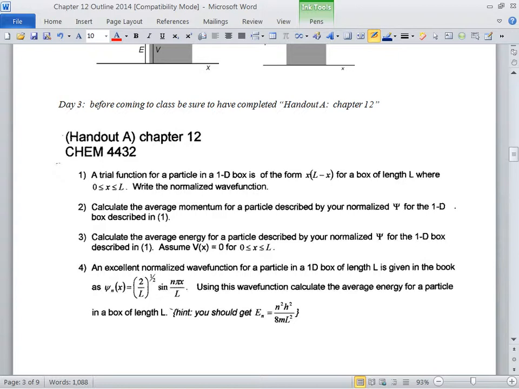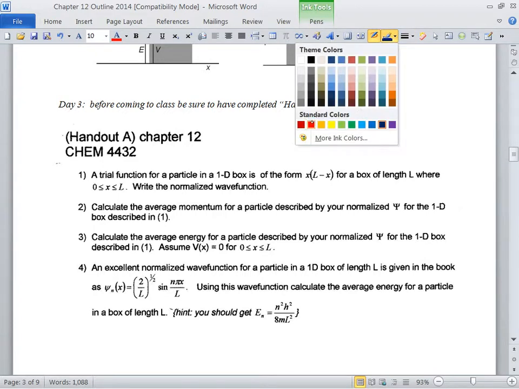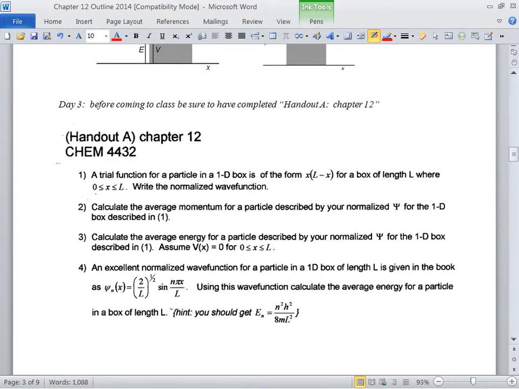Let me give you an example. You may not want to do this, but it's not a bad idea. Let me show you how easy these exams are to write. A trial wave function of a particle in a one-dimensional box is in the form x L. Now I just gave you a whole exam, a lot of exam questions.